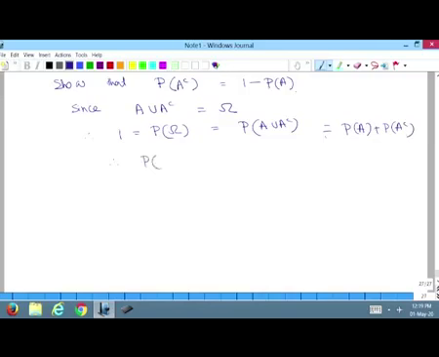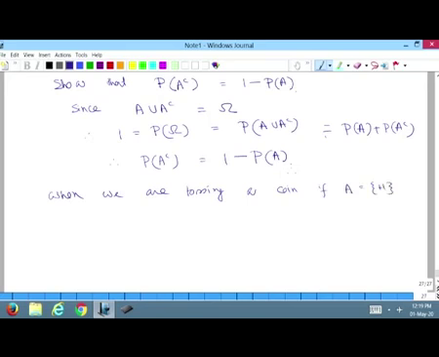Therefore, probability of A complement is equal to 1 minus probability of A. Therefore, when we are tossing a coin, if A is equal to getting a head, then A complement is equal to getting a tail.